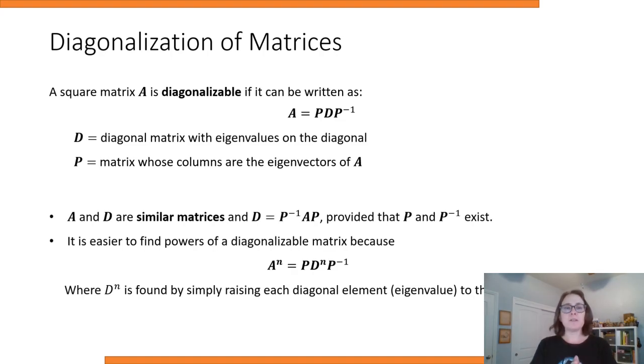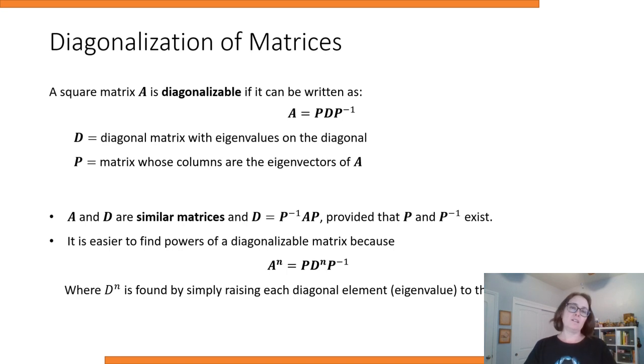Okay, so if A is diagonalizable, we say that A and D are similar matrices. And you could also solve this equation for D so that D is equal to P inverse times A times P. Okay, and now all of this is predicated on the fact that P has an inverse. It has to have an inverse for any of this to work. If there's no inverse, it's not going to be diagonalizable.